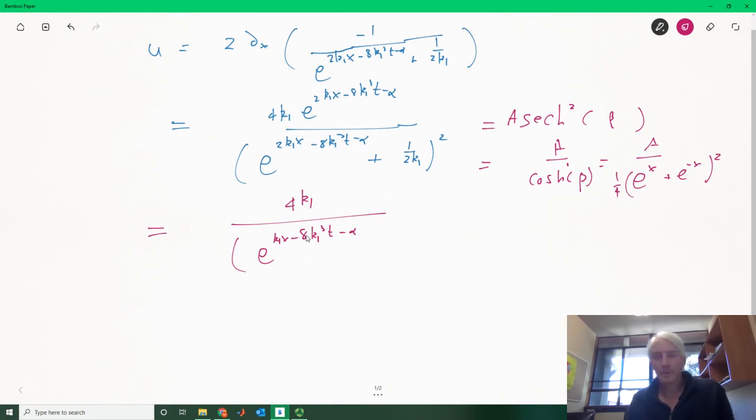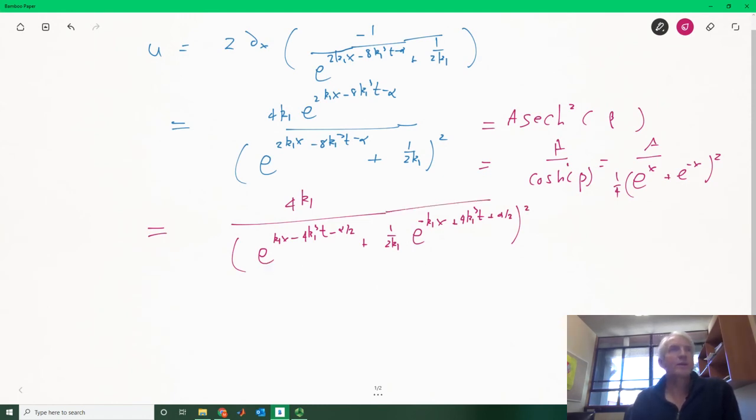So, oops, that's here 4, we're halving everything. And then plus 1 over 2k1 times e to the, we're almost here, aren't we? k1x, this is a minus, plus 4k1 cubed t plus alpha over 2. We're almost squared, and we've got this 2k1, we want to balance that up.